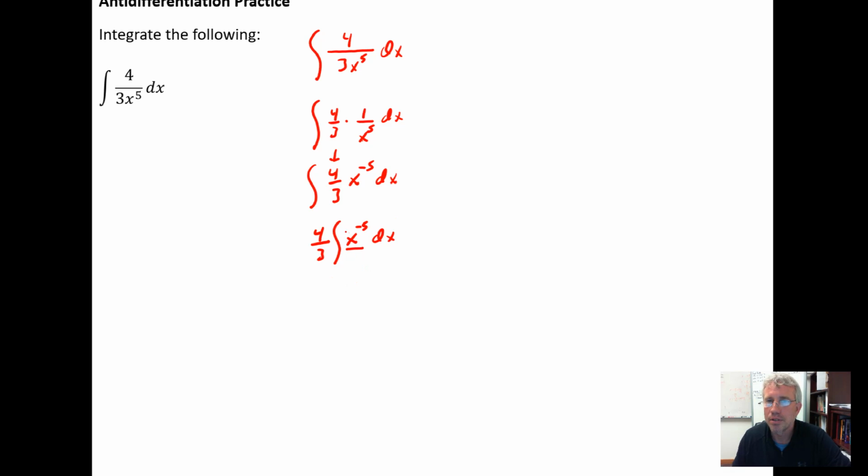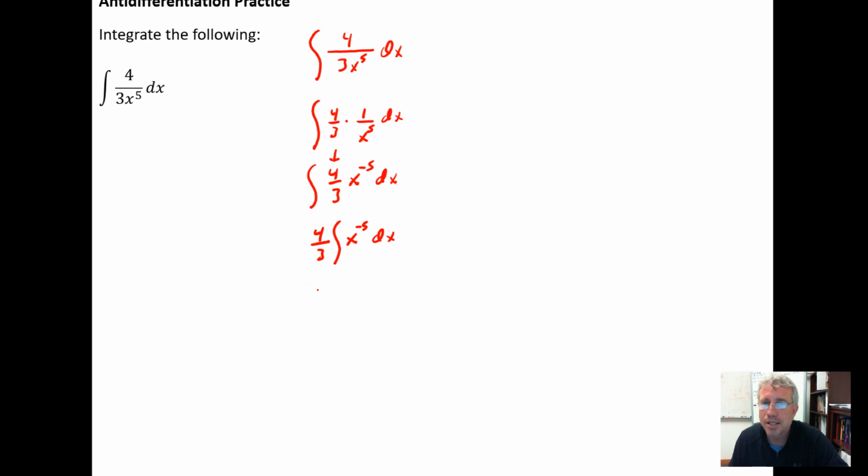And then you focus in on this term. Once I have it down to a variable expression, I want to look at this and say, how would I differentiate that? Well, I would use the power rule, and I would subtract 1 from the exponent. But because we're working backwards and integrating, or anti-differentiating, we're going to need to add 1 to the exponent instead of subtracting 1 from it.